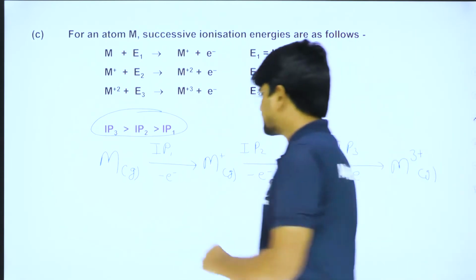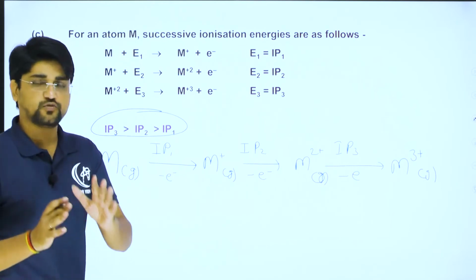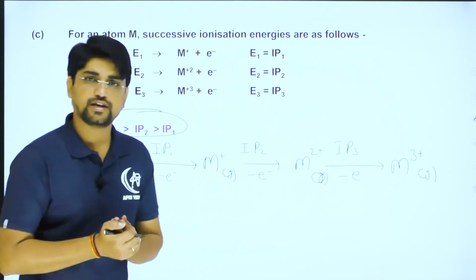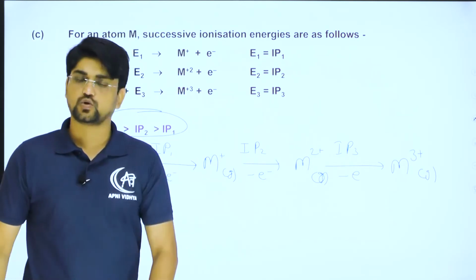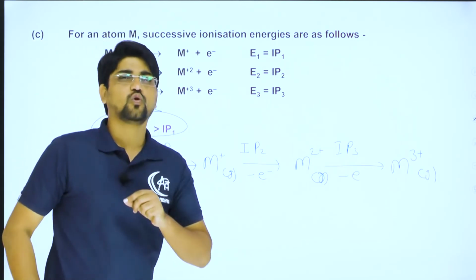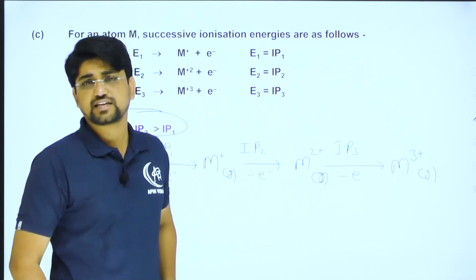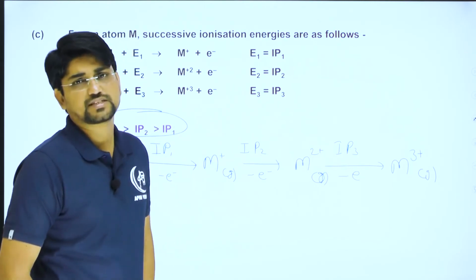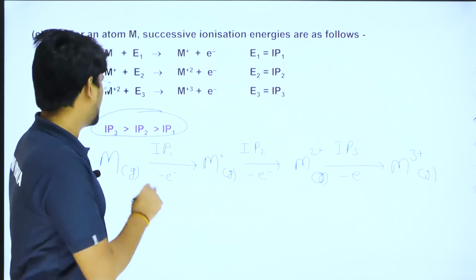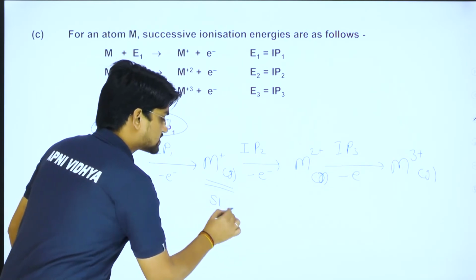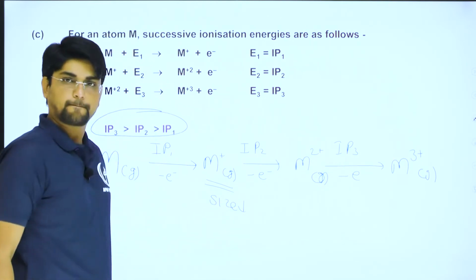Okay, listen carefully. Initially, we have atom Mg. We have removed one electron and M converts into M plus. And you know one very important thing we discussed in the last lecture in atomic size: if we remove an electron, it is converted into an ion and its size decreases.